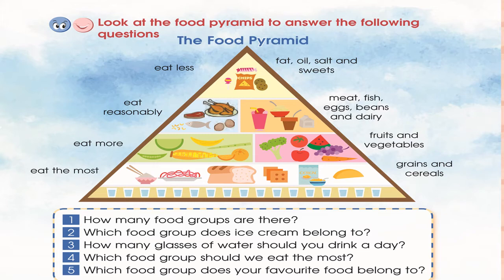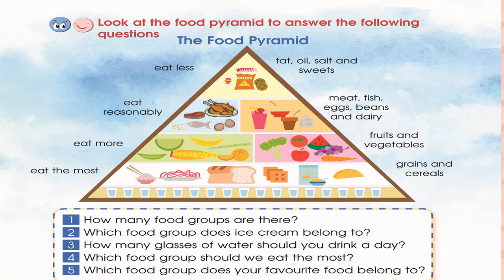Okay? The third type: eat more. We must eat fruits and vegetables more and more and more because they are healthy food. The last type of food: eat the most. We must eat grains and cereals the most because they are very useful to our body.